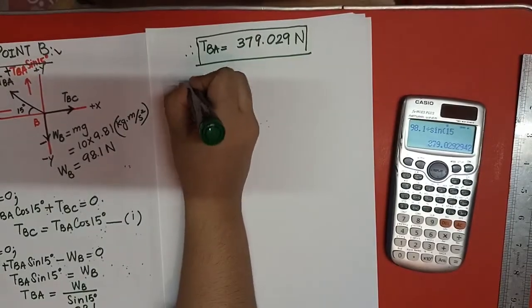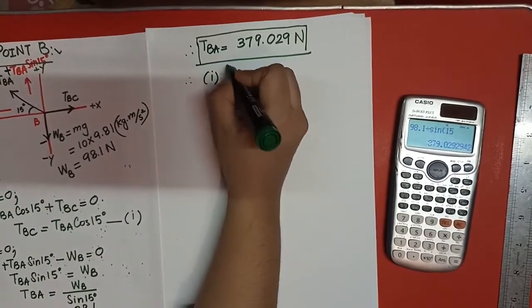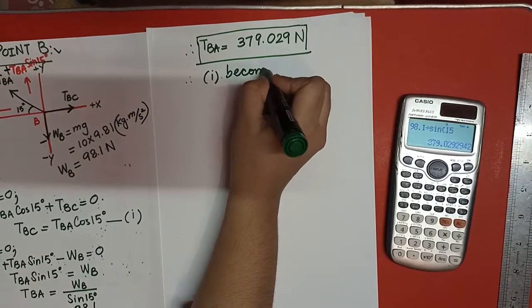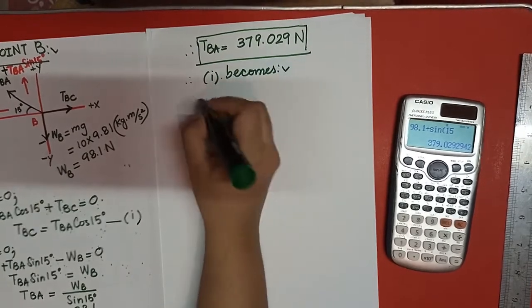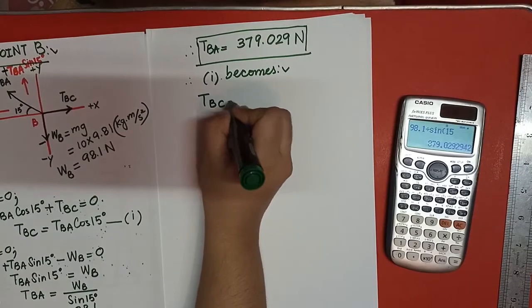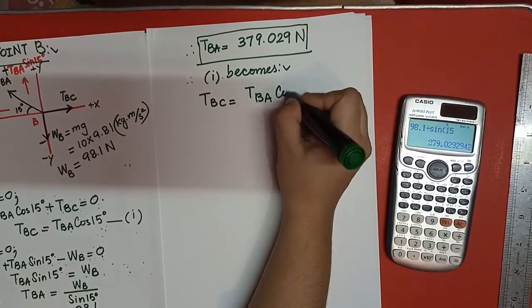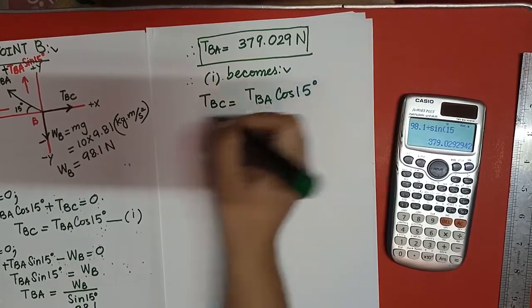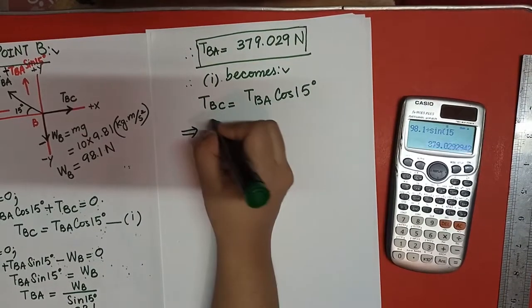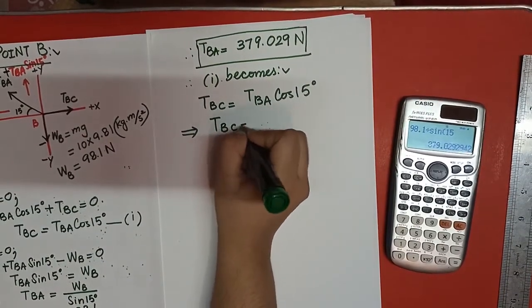Therefore, 1 becomes TBC is equal to TBA cos of 15 degree. So we will put the value of TBA here, so we will get TBC.